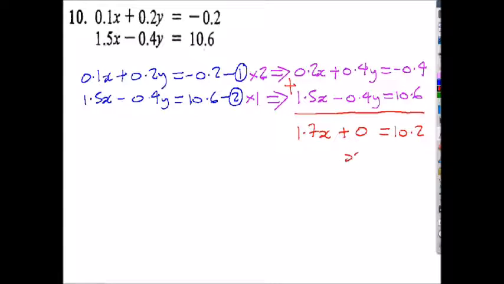So rearranging for x, x is equal to 10.2 divided by 1.7, so x is equal to 6.